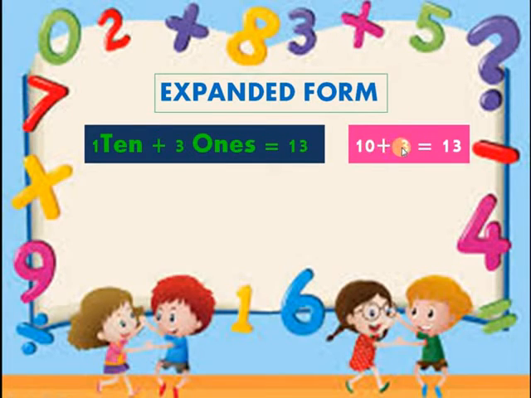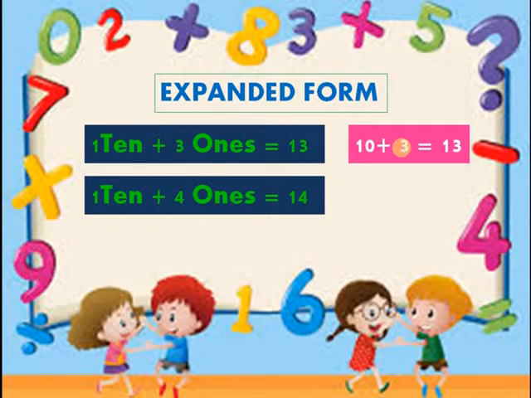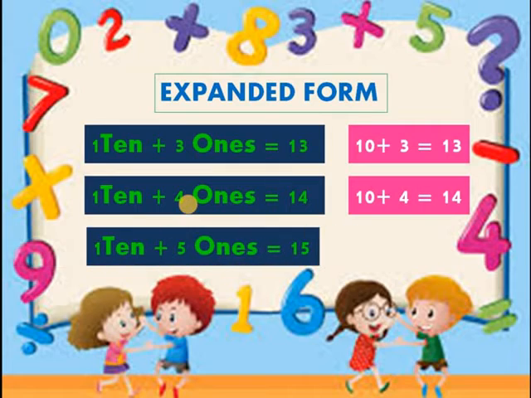Let's move to the next example. 1 ten plus 3 ones makes 13. That is, in 13, 3 is in ones place, so in expanded form we have written 3 ones. 1 is in tens place, so we have written 1 ten, and it can be written as 10 plus 3 is equal to 13. Both are correct.